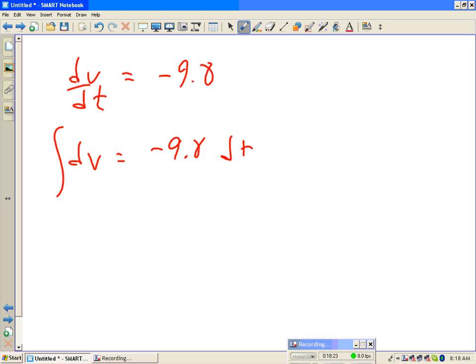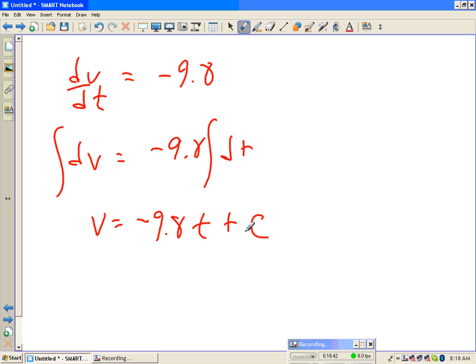So if you anti-differentiate both sides, you get v is negative 9.8 t plus c. Not always c, but okay.